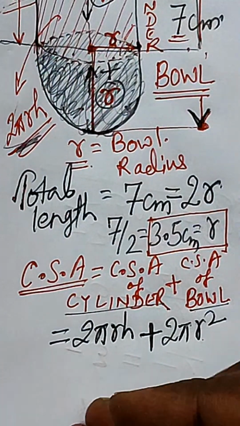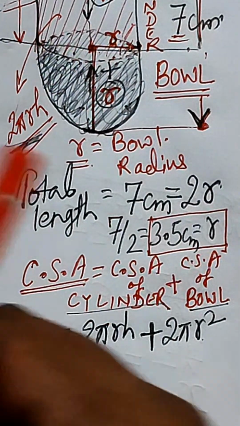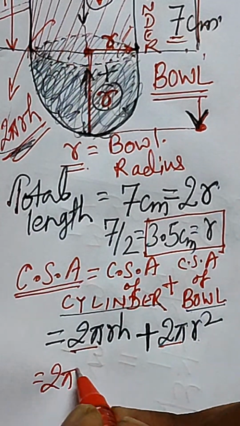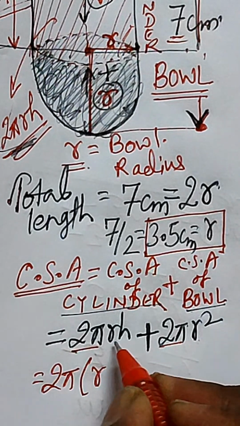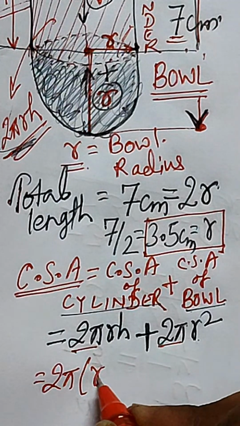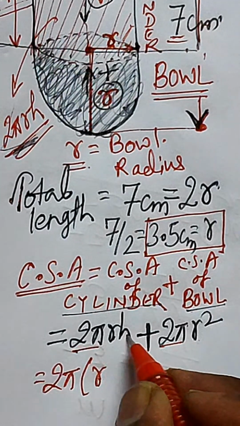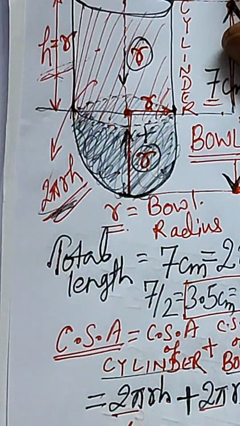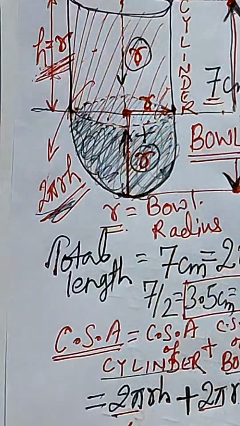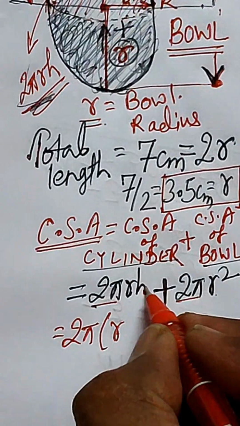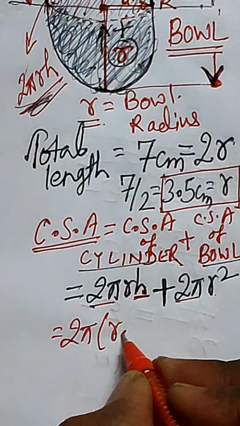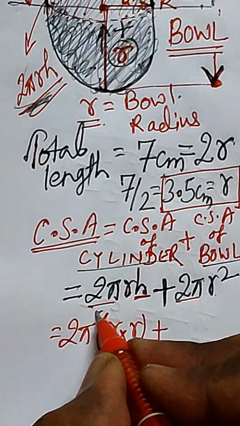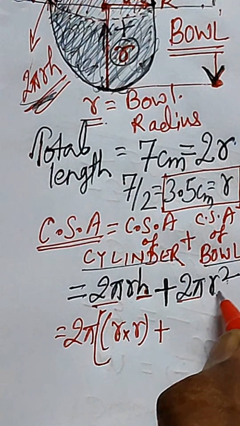Here you can see 2 pi is common, so I am taking 2 pi common from both. This will give you 2 pi, and R will be written as it is, and in place of H we can write R, as you can see H is equal to R. So it will be R into R, plus R into R, plus we are left with R square.